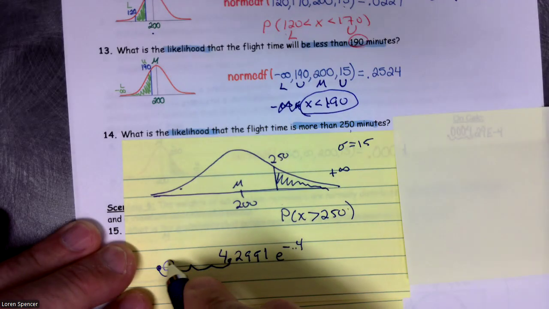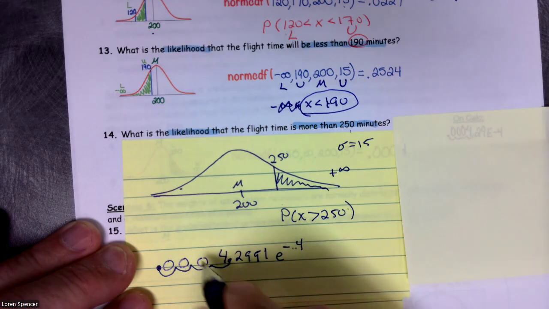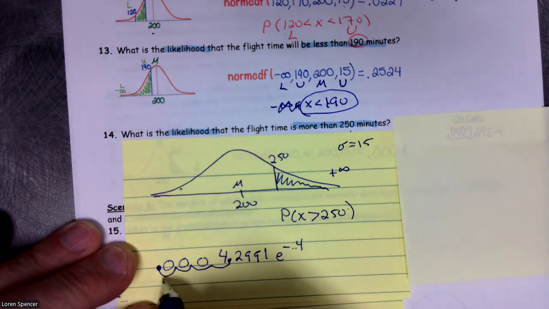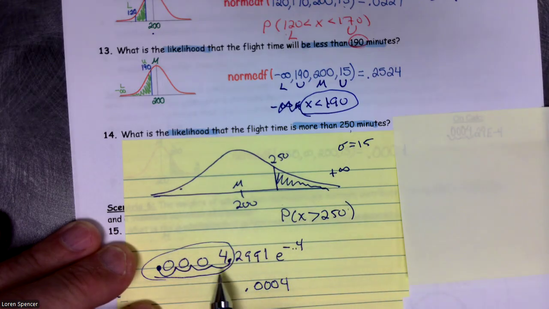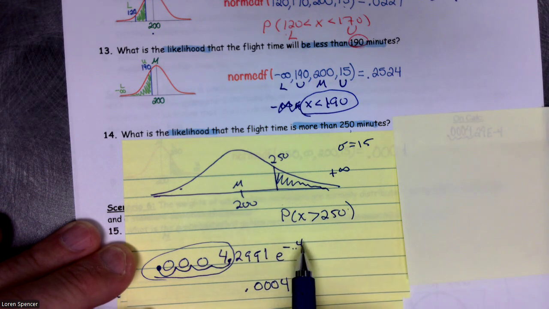So that means I have 1 zero, 2 zeros, 3 zeros. We only go 4 decimal places and truncate, so our answer is going to be 0.0004. Or you could look at this and go, whatever that is, I need 1 less. If this had been 5, I need 4. If I need 3, I need 2.